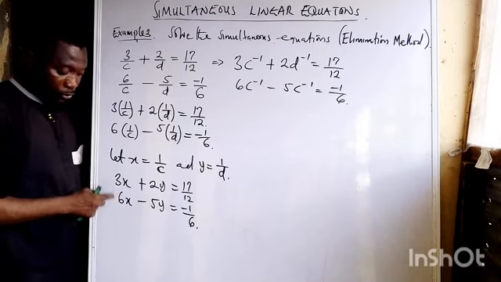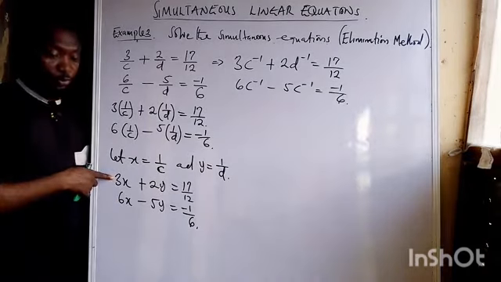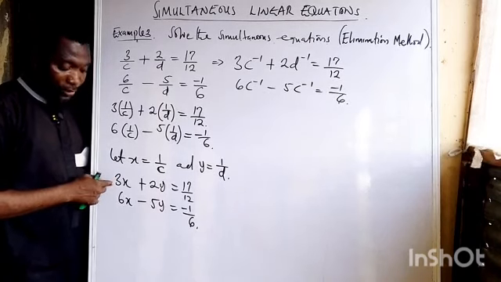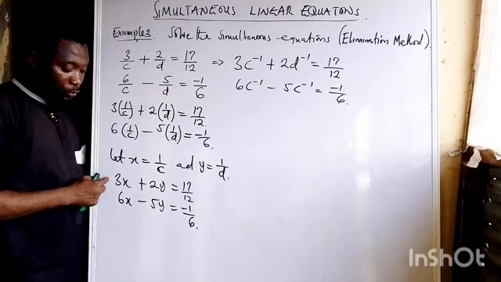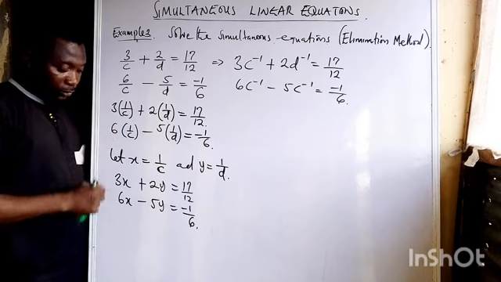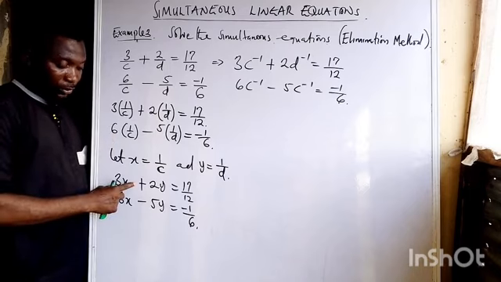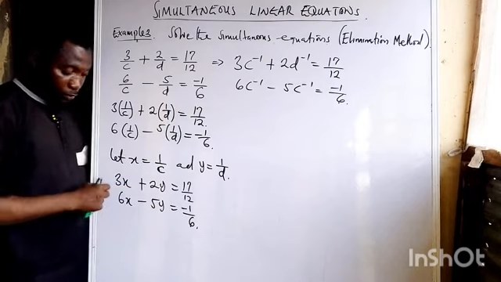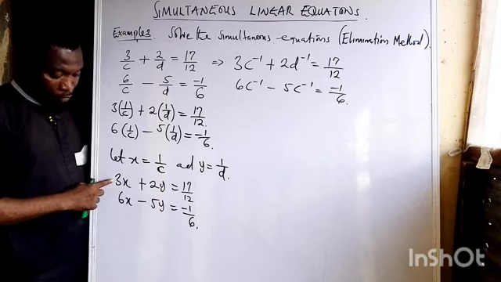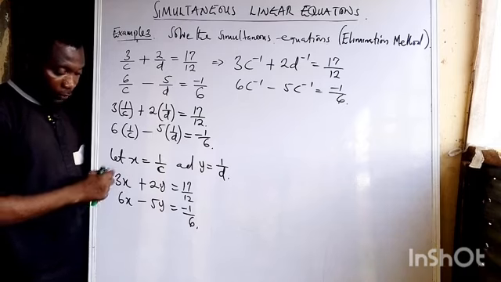To make the two the same, we can just multiply this by 2. Once you multiply this one by 2, 2 times 3 will be 6, and these two are the same. But it will be injustice to multiply only x without multiplying the whole of the equation. So because of this, we are multiplying the whole of this equation by 2.